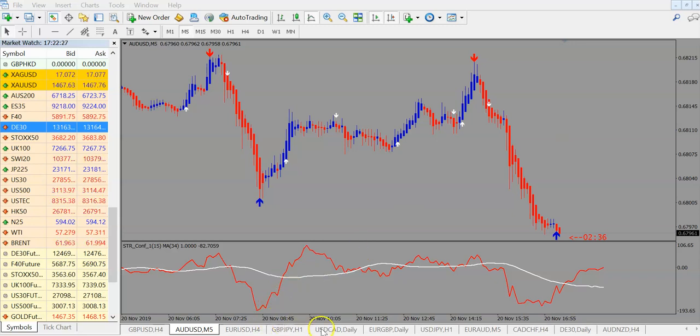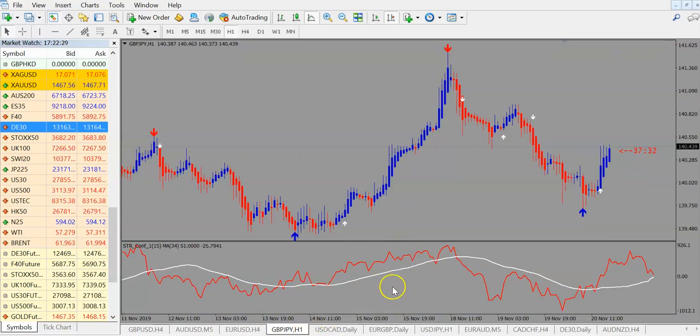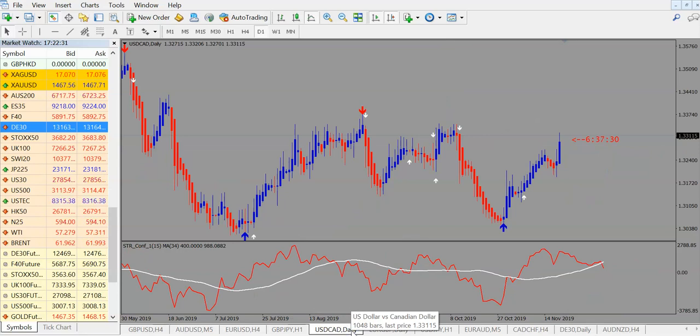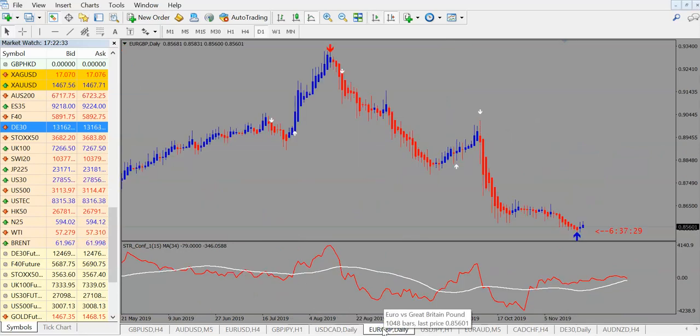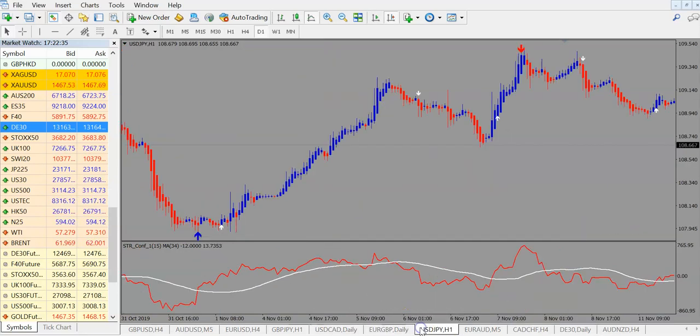Let's go to some Forex charts. I prepared something. Yes, this is it. So you can use it on all time frames. For Forex, I suggest minimum 1 hour time frame, but the best in my experience is 4 hour time frame.